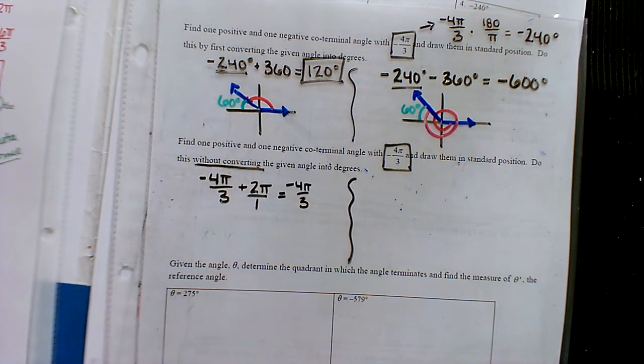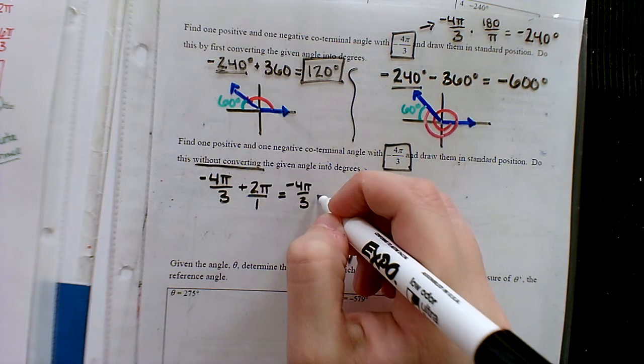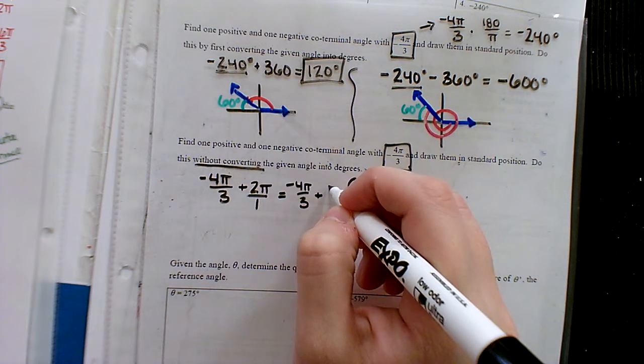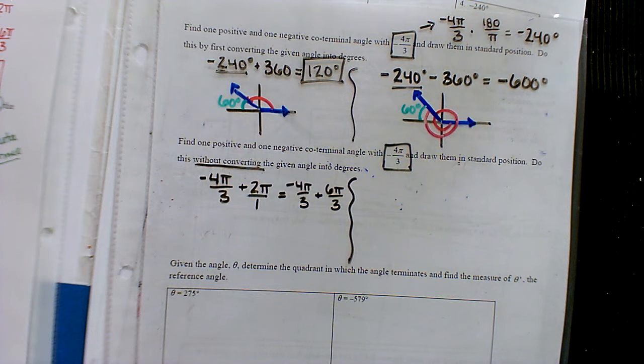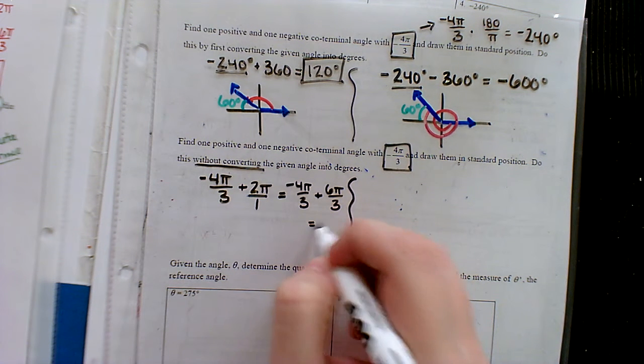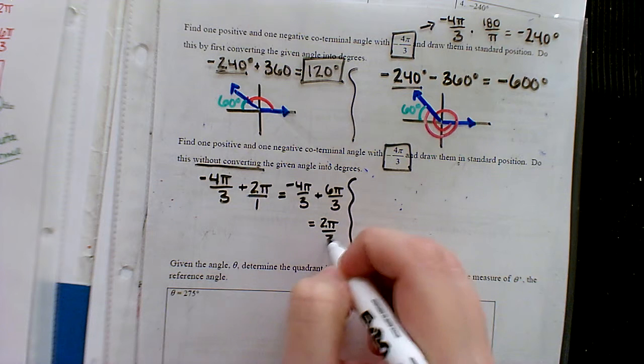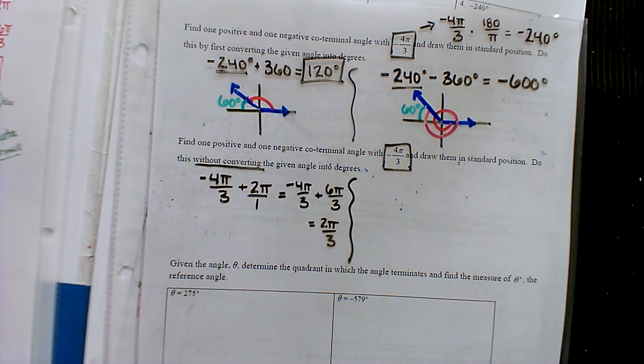So getting a common denominator of 3, we would have to multiply 2 pi on top and bottom by 3. So negative 4 pi plus 6 pi would give us 2 pi over 3.